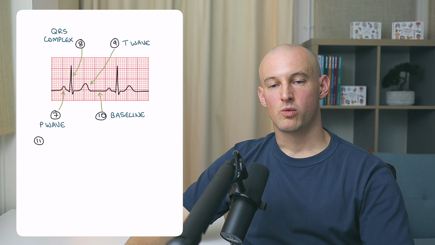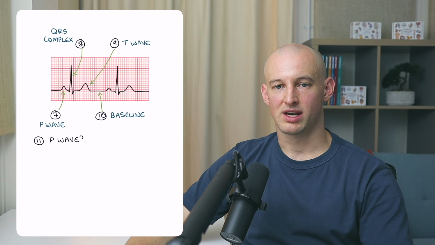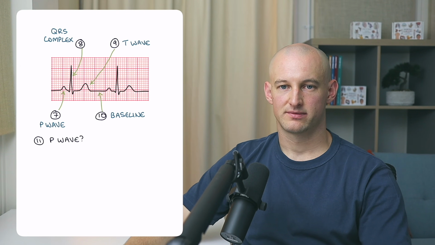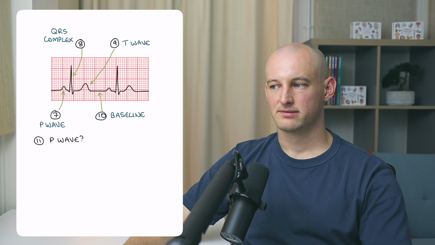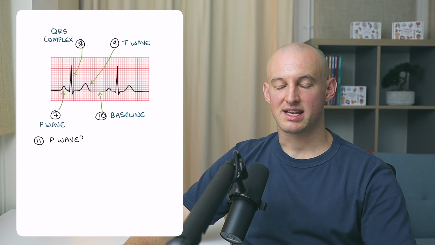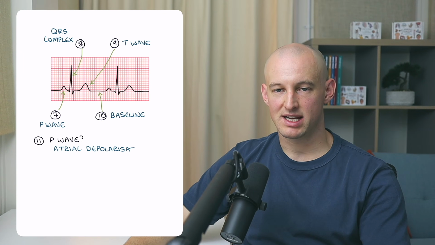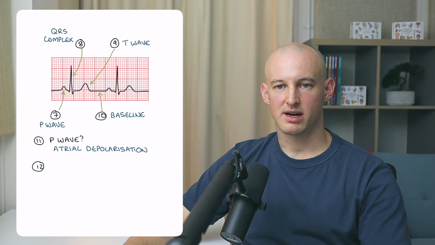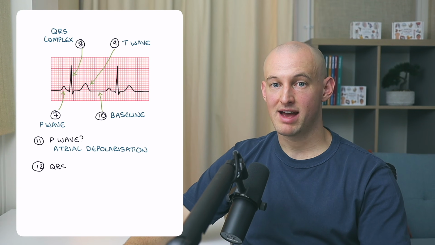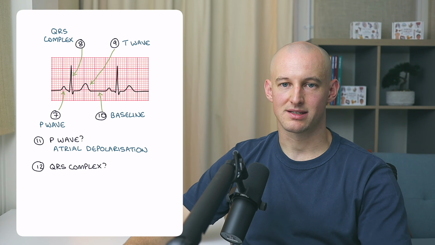Question 11. What does the P wave on an ECG represent? It represents atrial depolarization and contraction of the atria. Question 12. What does the QRS complex represent?